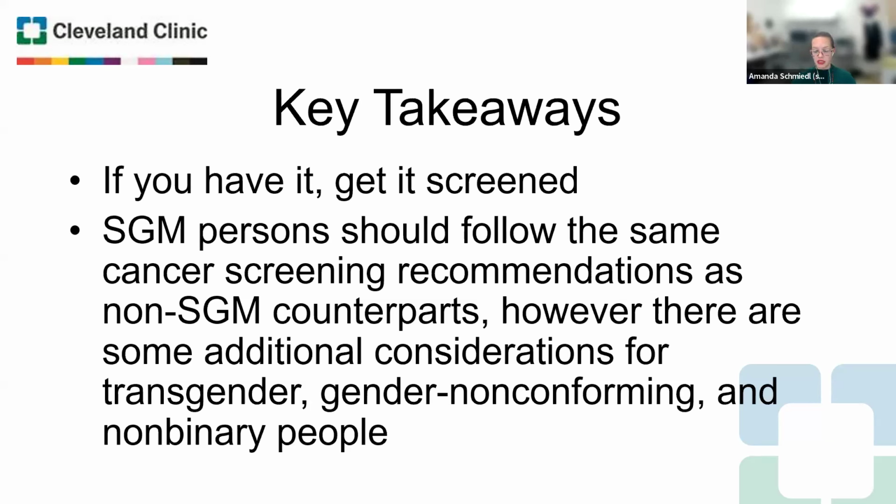So my key takeaways for today, I know this was a lot, is essentially, if you have it, get it screened. If you have a cervix, you need to be screened for cervical cancer. If you have a prostate, you need to be screened for prostate cancer. If you have breast tissue, especially those who have been exposed to high levels of estrogen, either as assigned female at birth or those assigned male at birth with greater than 5 years of feminizing hormone therapy, should be undergoing yearly breast cancer screening.